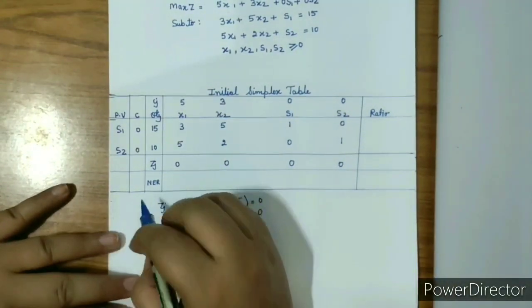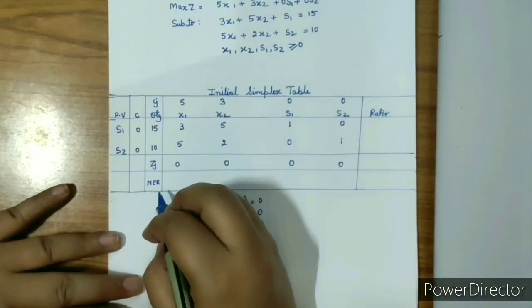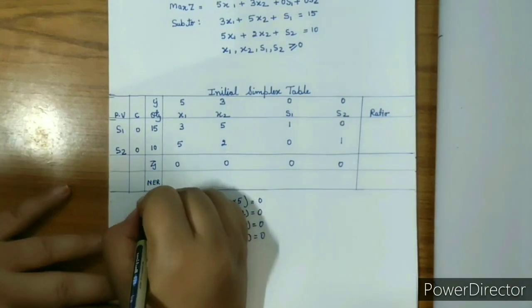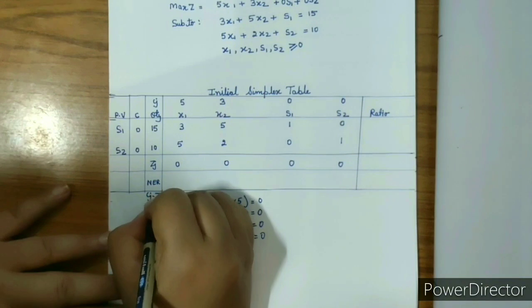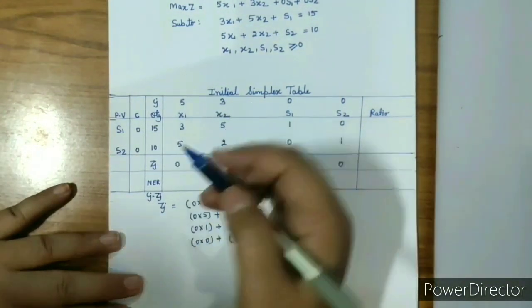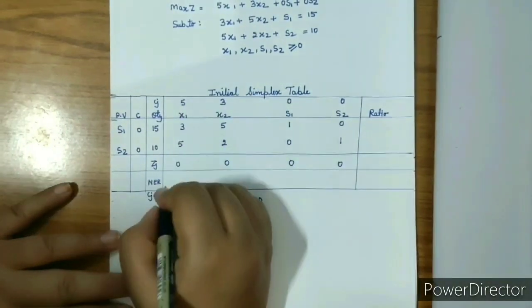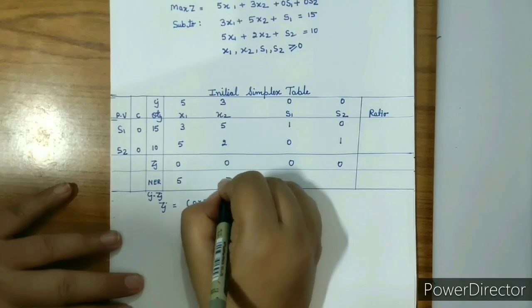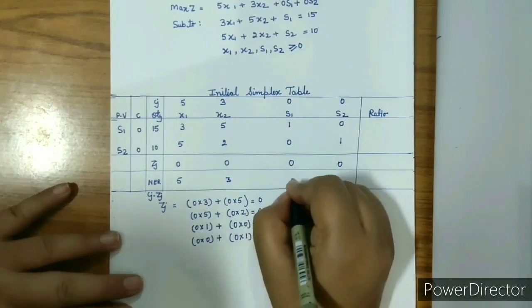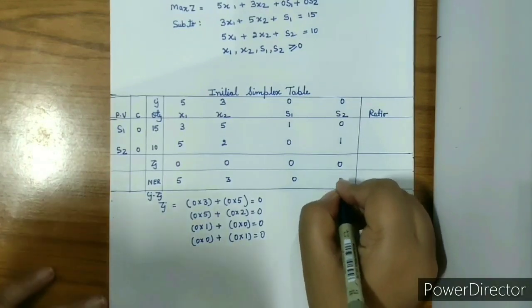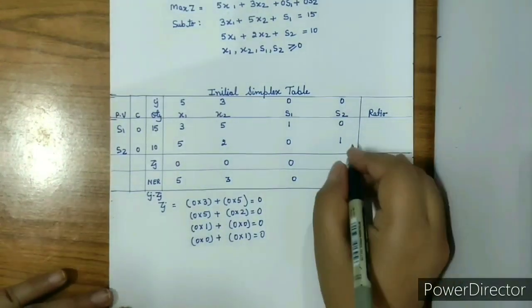For NER, NER means Net Evaluation Row. The formula of NER is Cj minus ZC. We have Cj, we also have ZC. The difference between Cj and ZC: 5 minus 0 is 5, 3 minus 0 is 3, 0 minus 0 is 0, and again 0 minus 0 is 0.